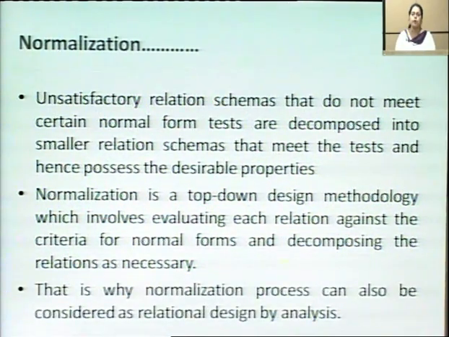That is why the normalization process can also be considered as relational design by analysis, because here we analyze the individual relations, and if the desirable properties are not met, they are decomposed further into relations.